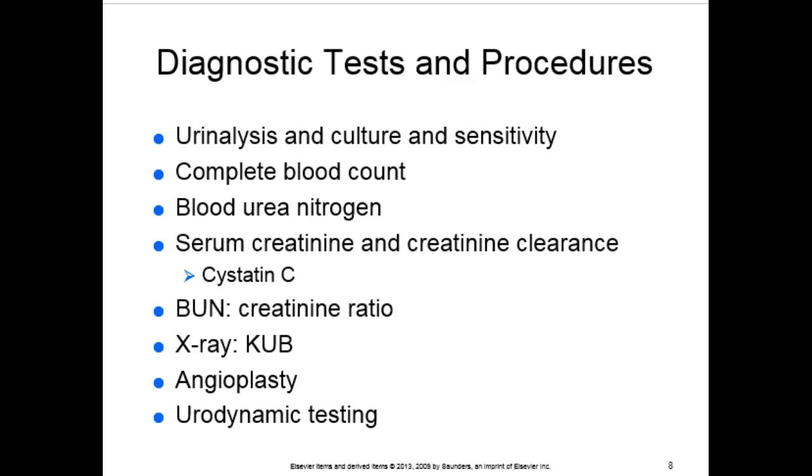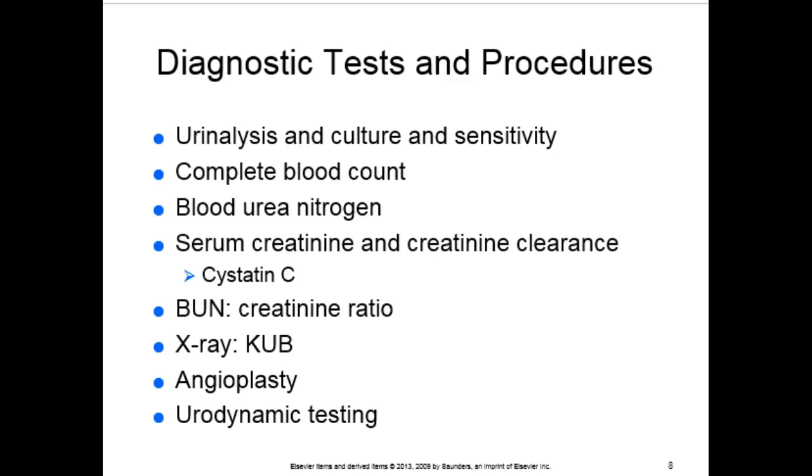The blood urea nitrogen is a product of when urea is produced when protein breaks down, and it combines with ammonia and is carried by the bloodstream to the kidneys for excretion. Creatinine is a byproduct of skeletal muscle contraction as well.